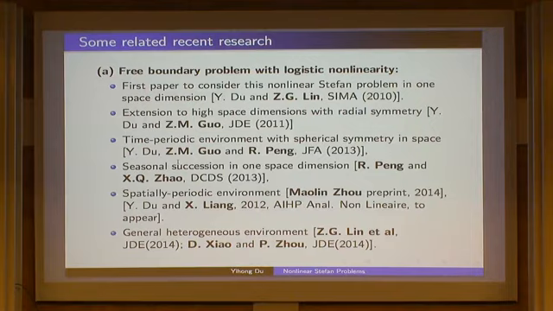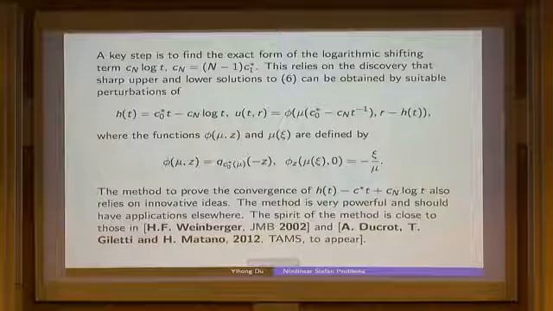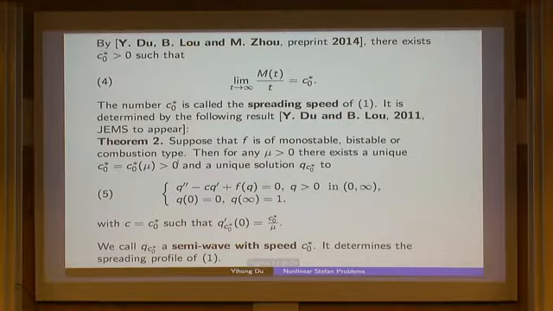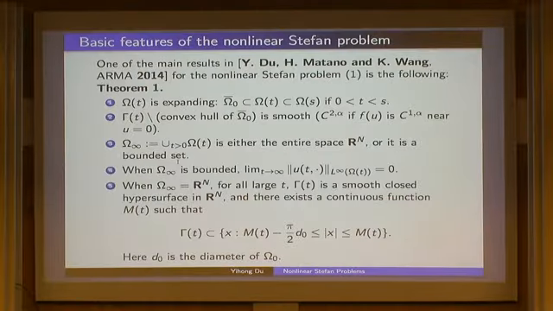Could you please go back to theorem 1? Here you say that in item 2 the function should be sufficiently smooth. What about this alpha? Yes, alpha is between 0 and 1.